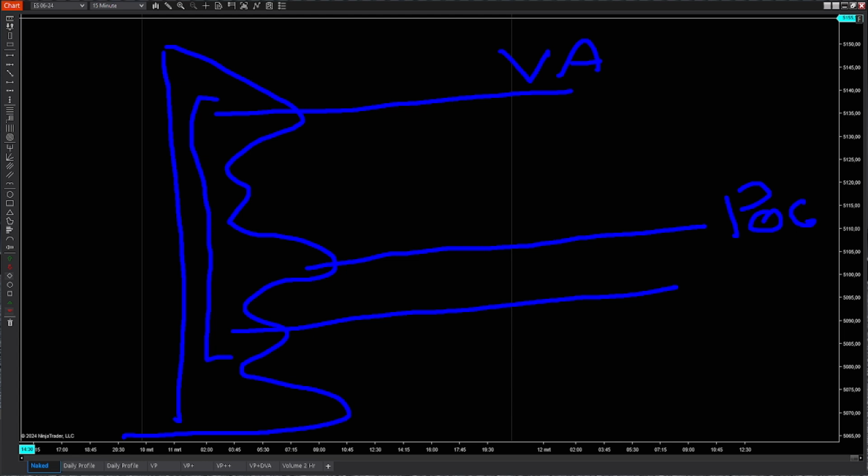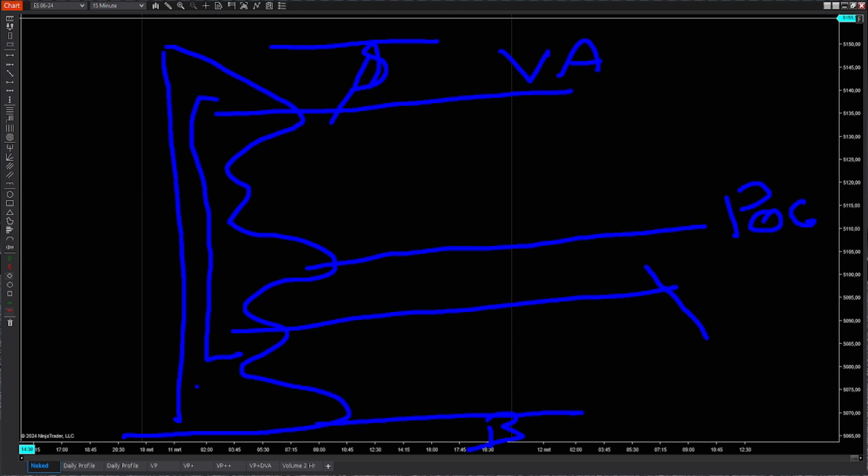In here is 68% of the value of the entire profile. So the most important value has been traded within this value area. Everything outside should have been sold right here and bought up right here. So we can assume if price leaves this value area, it will become bought up.